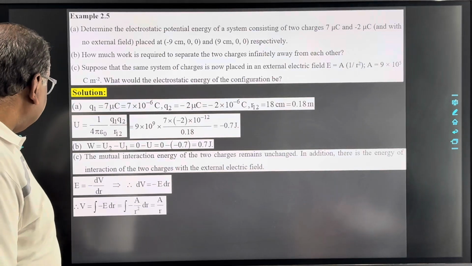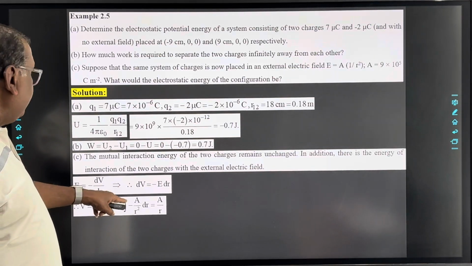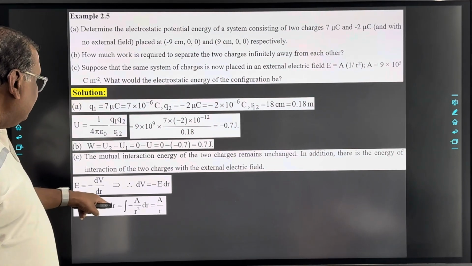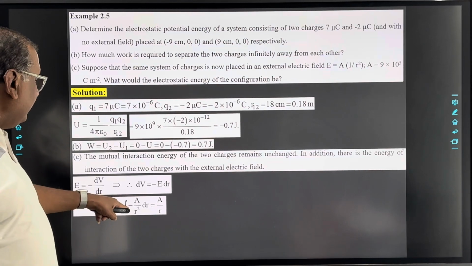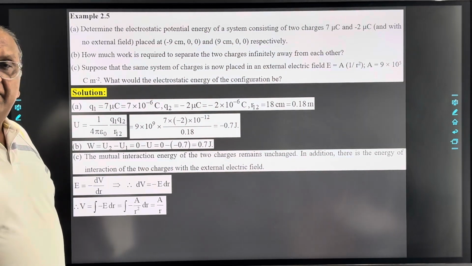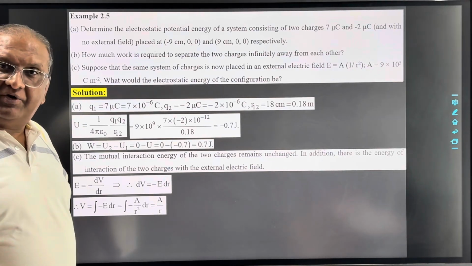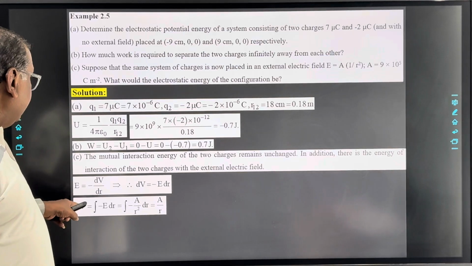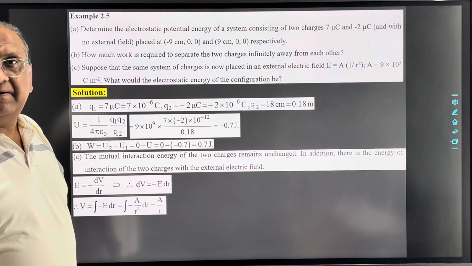Now E, that is 1 upon r square into A. So we can write V, that is integration minus E dr. E is replaced by A upon r square, and if you integrate 1 upon r square, then that is minus 1 upon r. A is constant, so keep it as it is. So finally you will get V, that is equal to A by r.